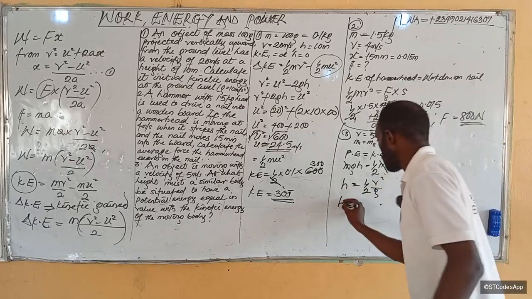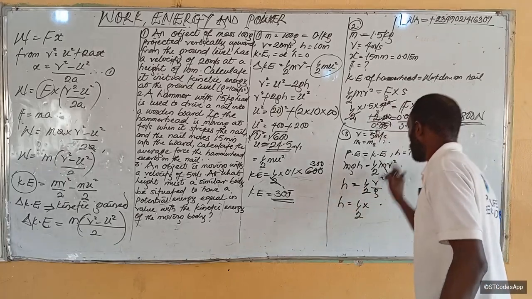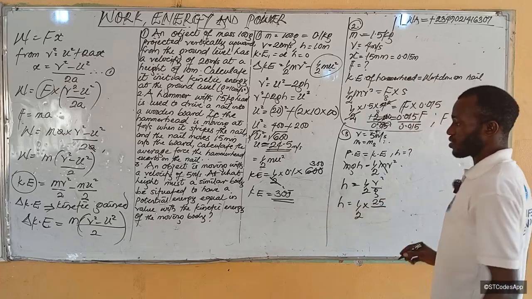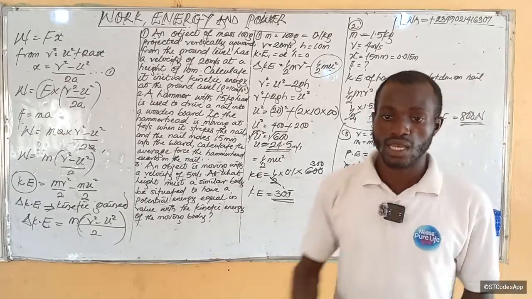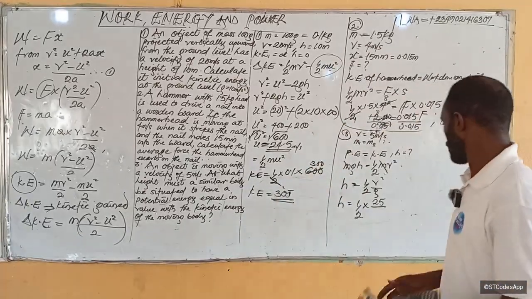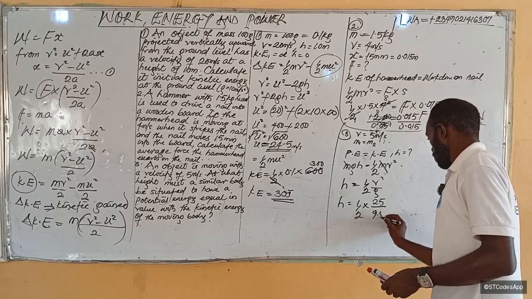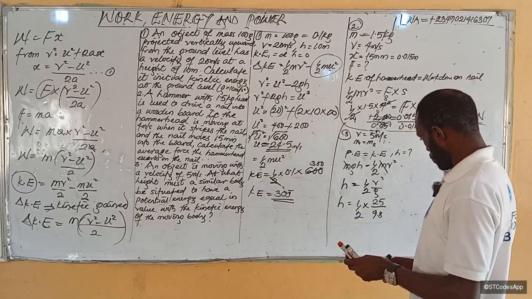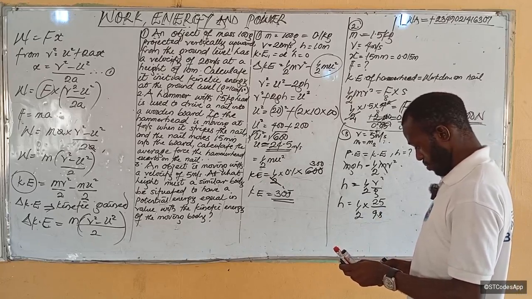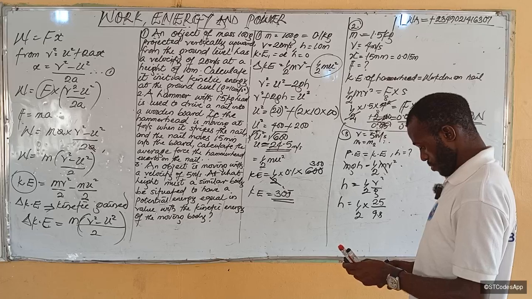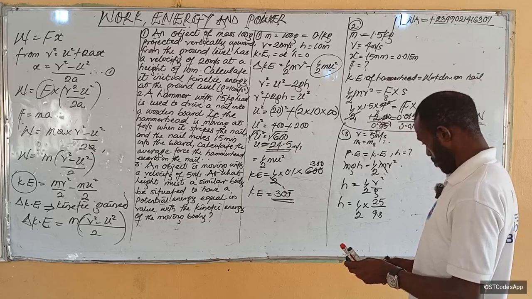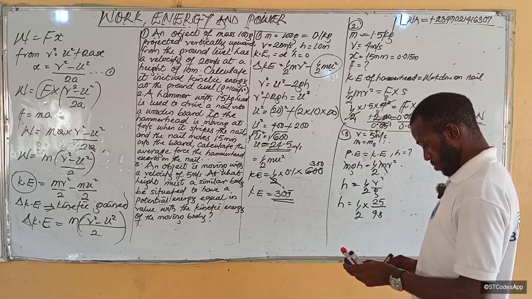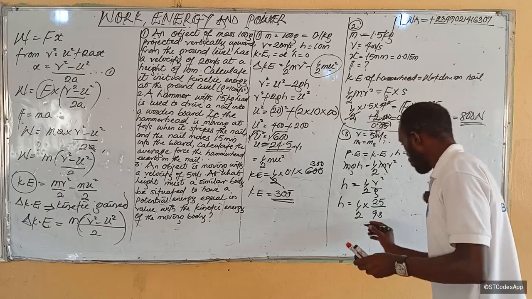Exactly. So h therefore becomes 1 over 2 times, what is v? 5 squared, that's 25, over g. If g is taken to be 10, let's use 9.8 since you have a calculator. So 25 divided by 19.6, so this becomes 1.